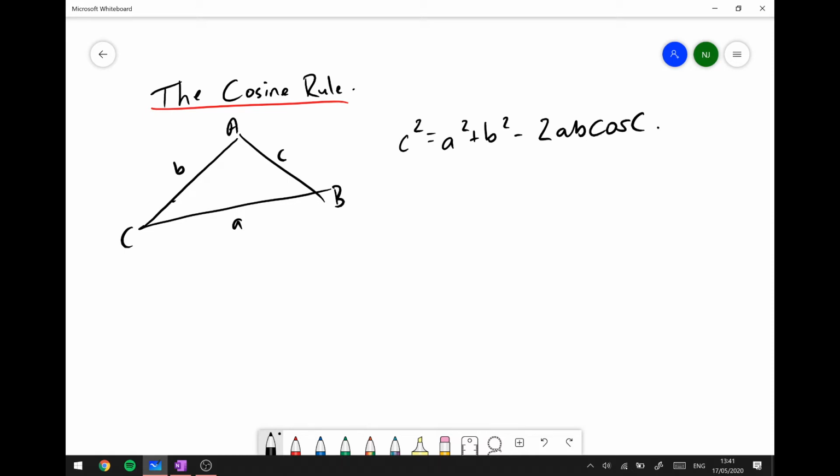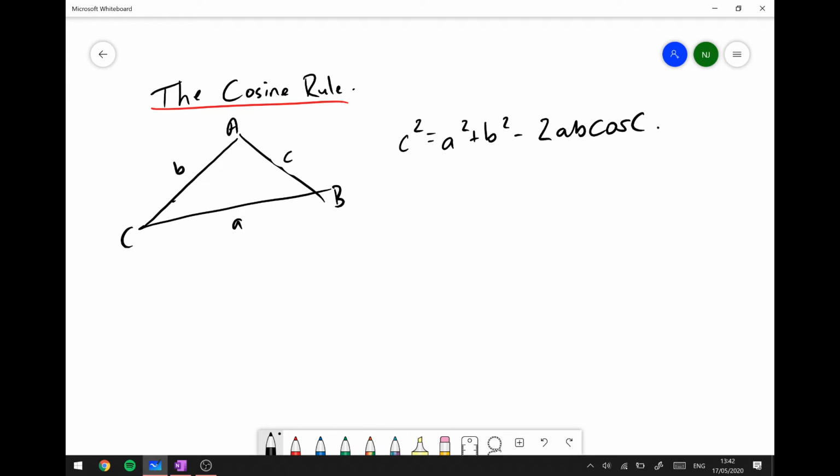So this side here in this example, squared, is equal to the sum of the other two squared minus 2 lots of those other two sides, again, cos of the angle. And this lets us find the length of a side of any triangle when we've been given two sides and an angle that's been given with it.